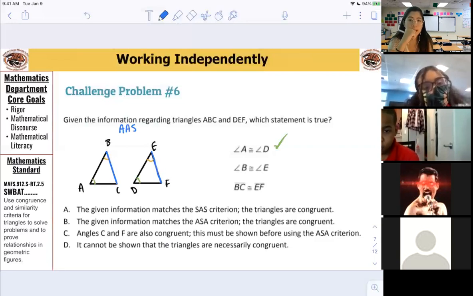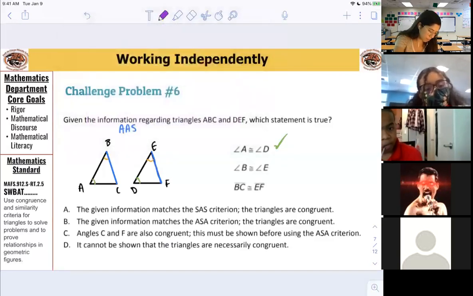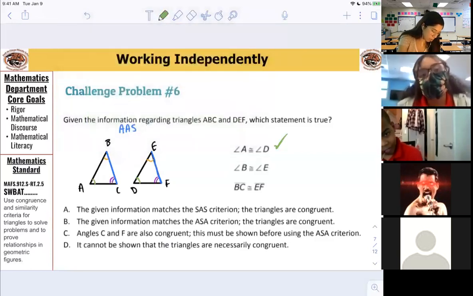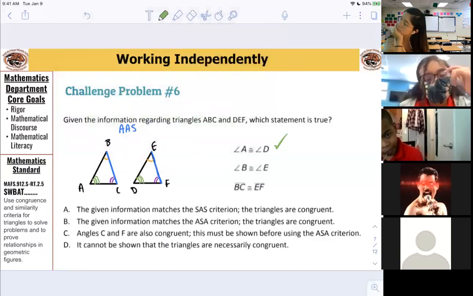C? Yeah. Can you read C for us? It says angles C and F are also congruent, and this must be shown before using the ASA criterion. Why does that have to be shown before you can use it? Because it puts it in order.